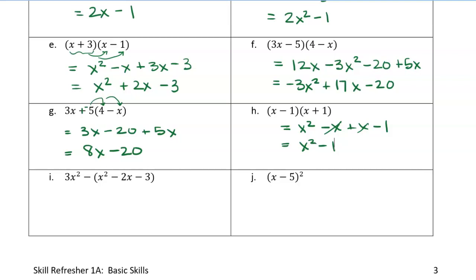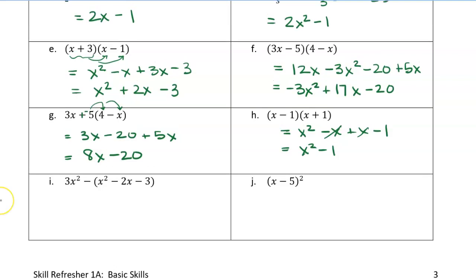All right, these last two. All right, so we have 3x squared, right? So there's nothing we have to do to that one. But we've got minus this whole quantity, x squared minus 2x minus 3. So we have to remember to distribute the minus across all of this. This is essentially like a minus 1 times all of that.